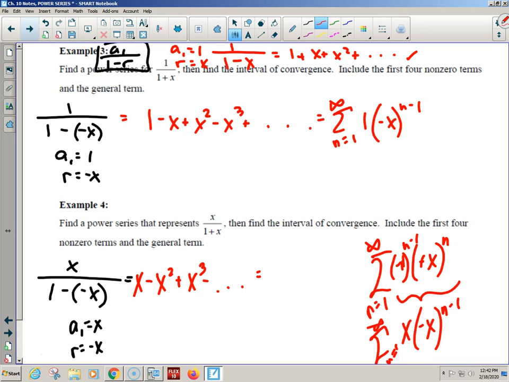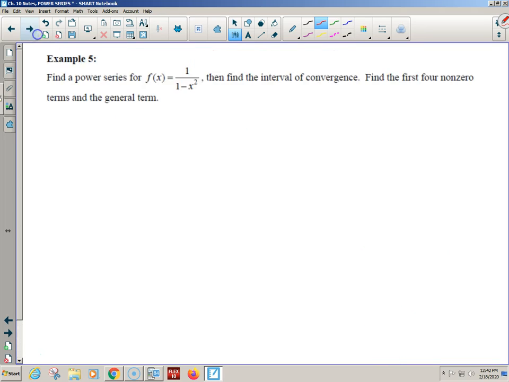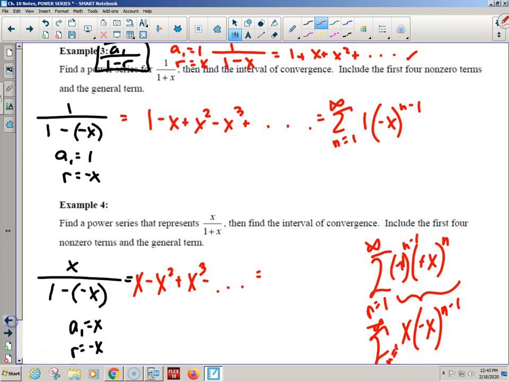Okay, now technically there's a lot more coming with this sort of plane. The idea is that we can keep playing and just be like, hey, it fits kind of within the a sub 1 over 1 minus r. But there's still this idea of, wait a minute, interval of convergence. Hold on. Were we even thinking about intervals of convergence when we started playing with all this stuff over here?